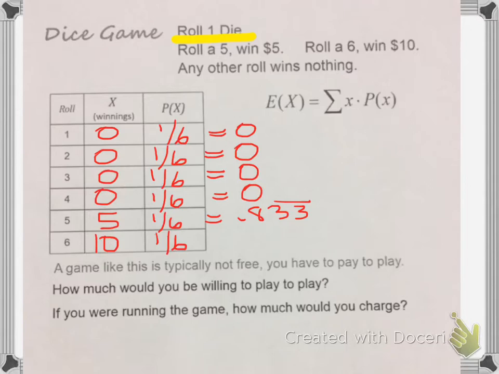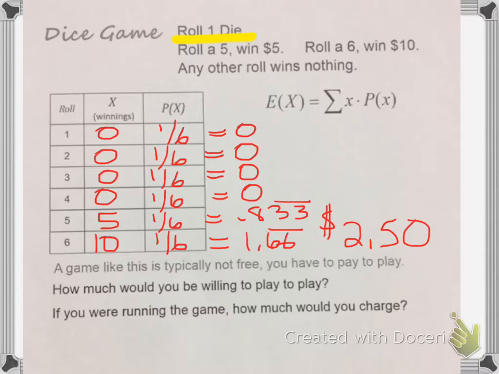And then 10 times 1/6 on our calculator, we get 1.66 repeated. And then in order to find the expected value, or the average earnings for a roll of a dice, we're going to add those two together. So 1.66 plus 0.8333. And when you do that, you get really close to 2.5. I'm going to just round that to $2.50.